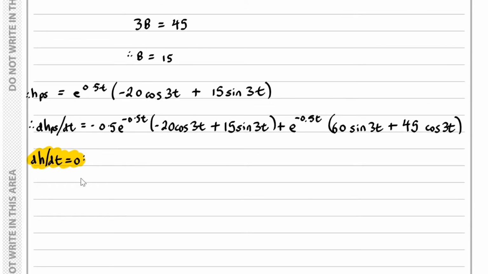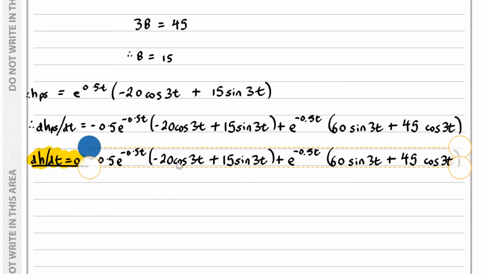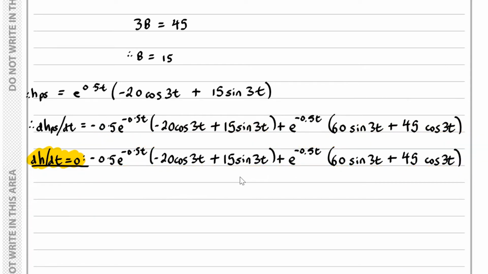So doing that, we set this entire thing equal to 0. So let's just highlight this, copy, and then paste. So this thing is equal to 0.